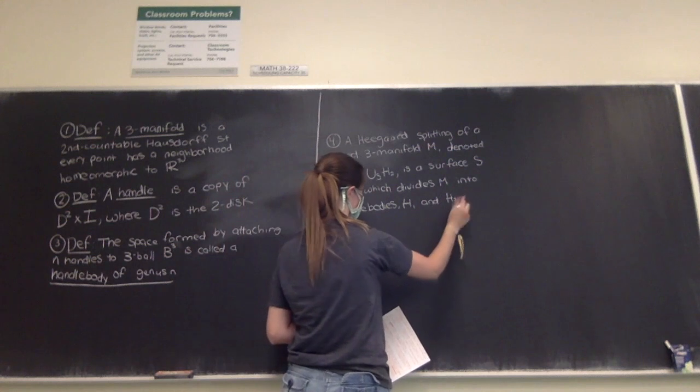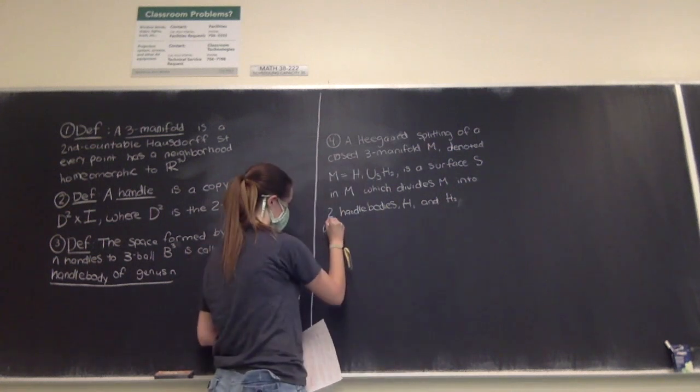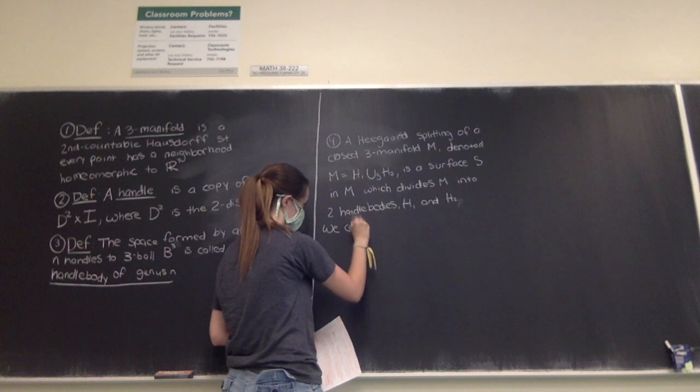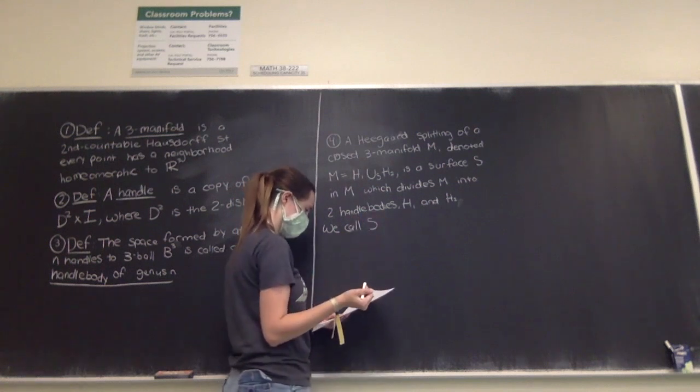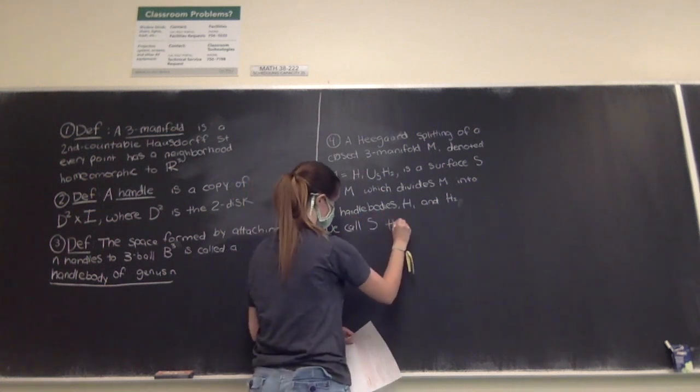And then here we call the surface S the Heegaard splitting surface.